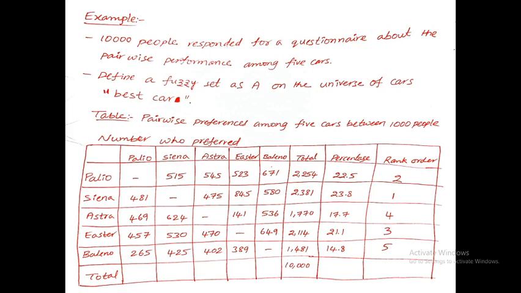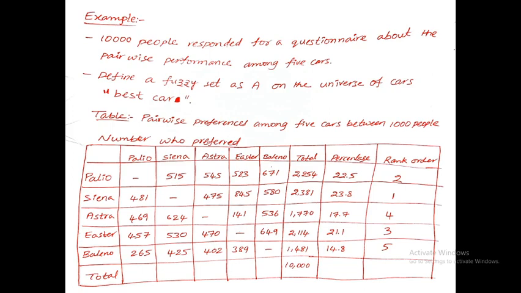The Palio, Sina, Astra, Easter, Baleno are all considered based on the preferences, or responses, of the 10,000 people.